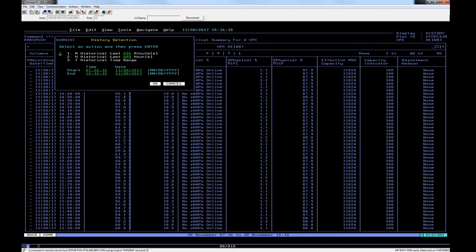But you could define any time span within that archived data, or if it's actually cached in our OMEGAMON cache subsystem.